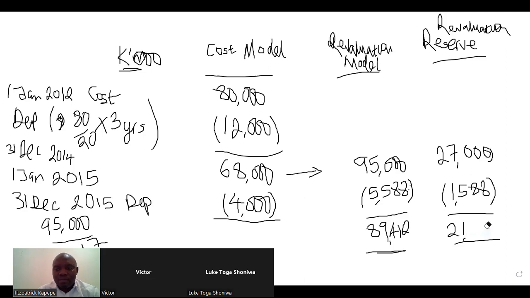It's 27 less 1,588, so it is 25,412. Yes, 25,412. Okay, I remove this. Yes, remove that. 25,412. Okay, let me just reduce.